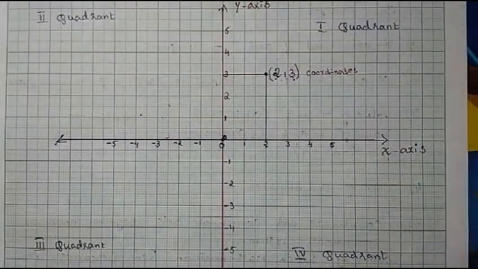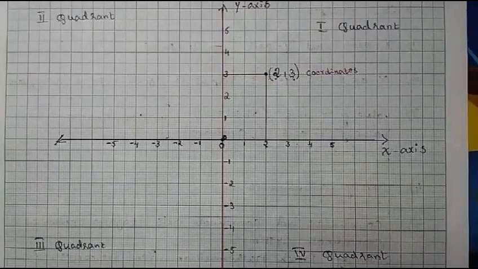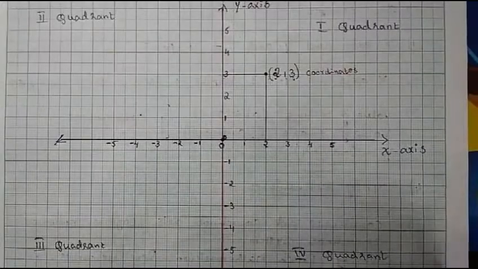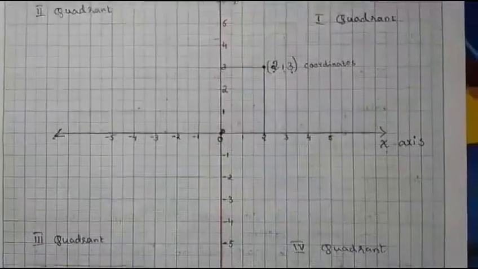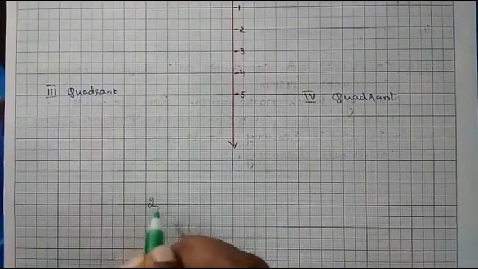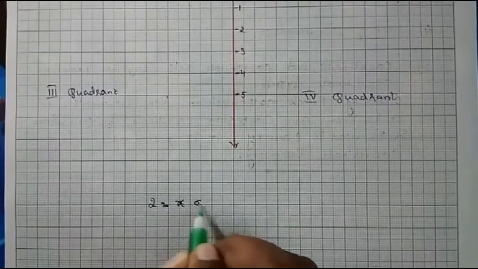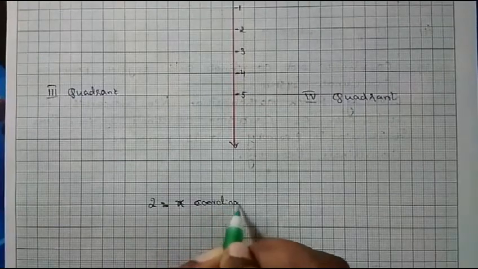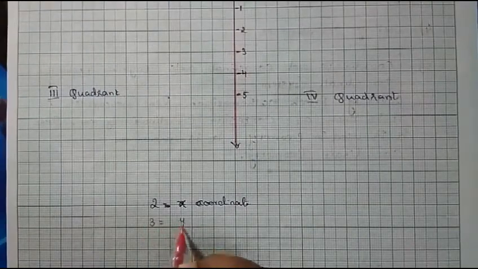Now x coordinate and y coordinate also have another name. The x coordinate is also known as abscissa, and the y coordinate is also known as ordinate. I'll write it down here. Here we have 2, which was the x coordinate, and 3 was the y coordinate.